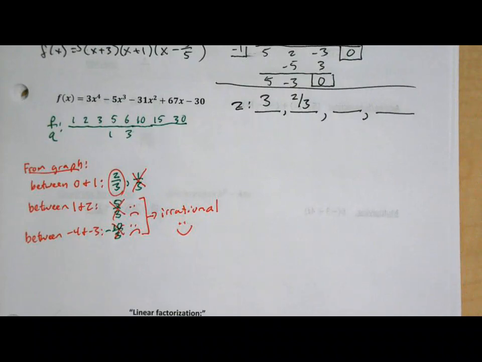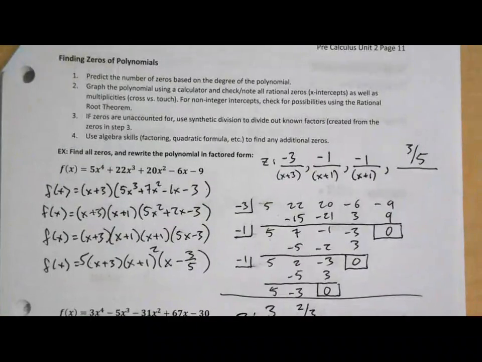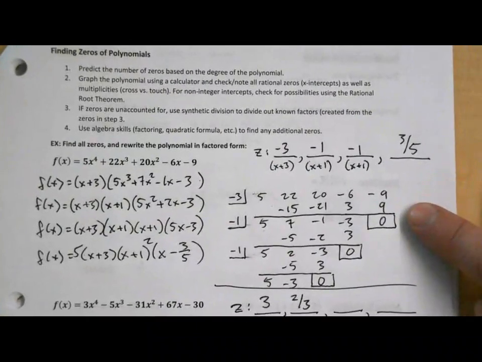So how are we going to find them? Well, we can get a decimal approximation, but we want an exact value. Suggestions? What do you think? The synthetic division part?